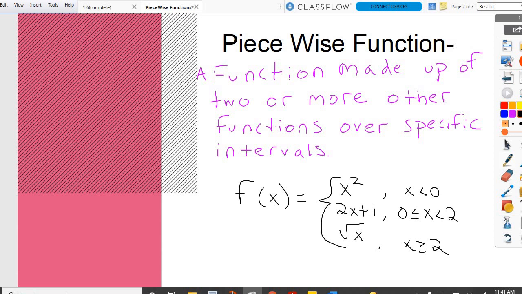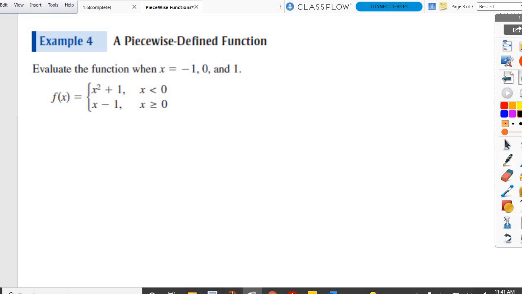Alright, so let's look at an example. It says evaluate the function when x is -1, 0, and 1. So normally when we evaluate a function, what are we doing? Not solving, that's different. Plugging numbers in, agreed. That's what evaluate means, to plug numbers in for x.